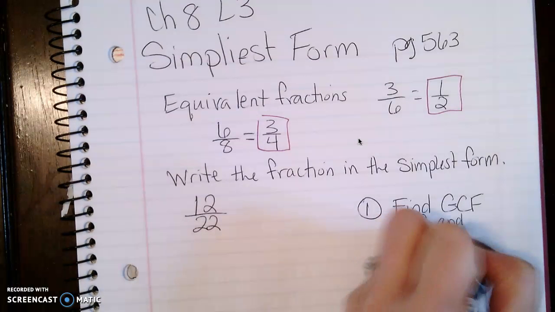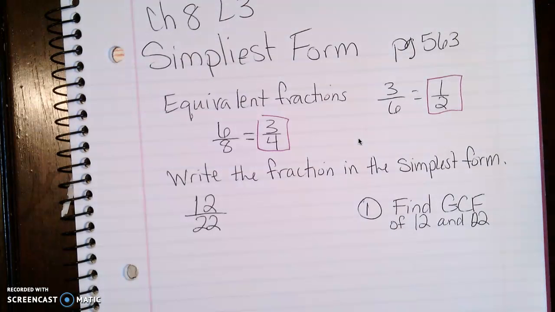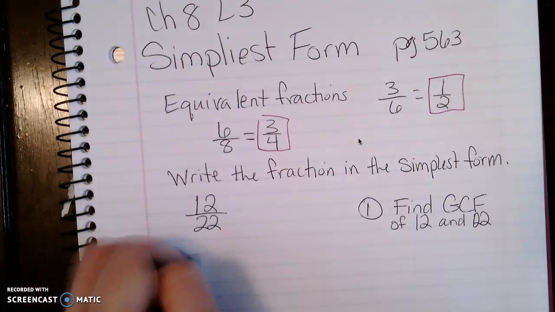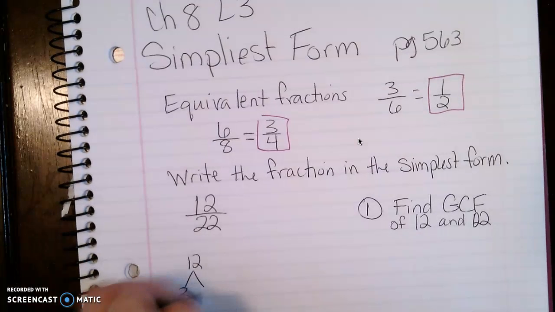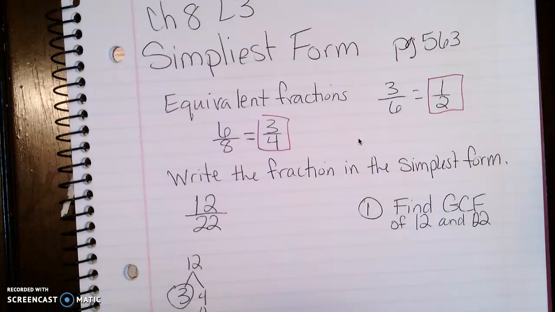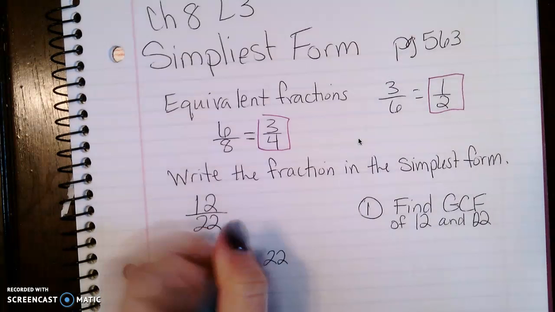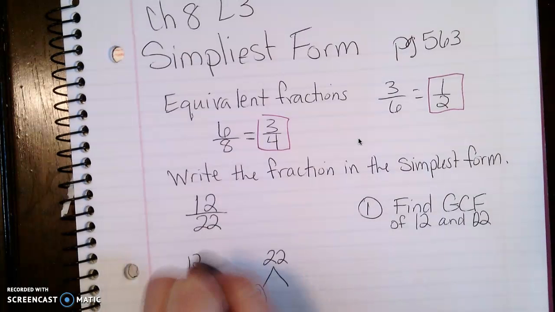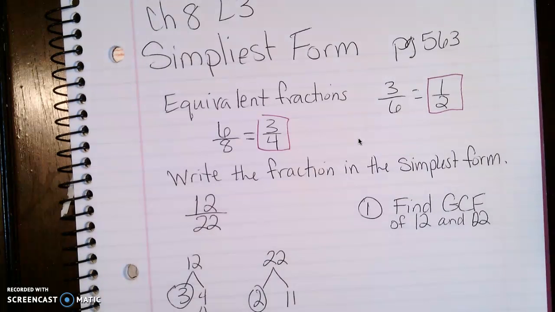So of the numerator and the denominator. So I'm going to make a 12. I'm going to do 3 and 4 and 2 and 2. 3 is prime, 2 is prime, 2 is prime. So I need to make my factor trees, and for 22, my factor tree would be 2 times 11.